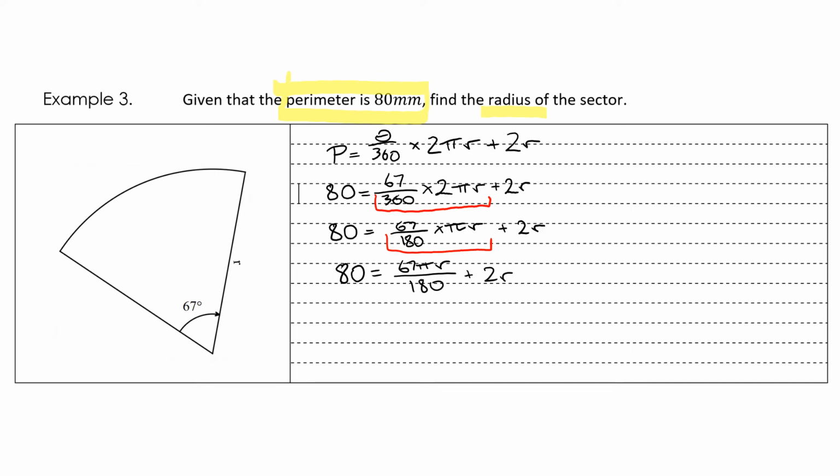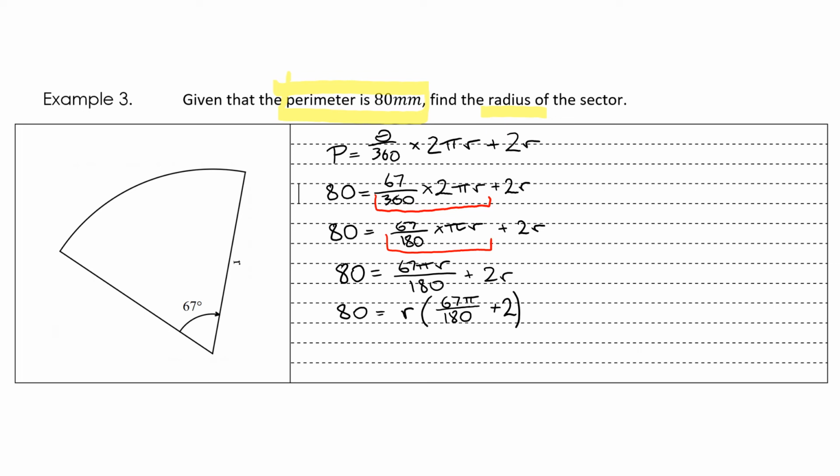Okay, so as we can see here, we still have 2 different r's in 2 different terms. So to get only one r, let's factorize. So 80 equals, we'll pull out a common factor of r. R bracket 67 pi, sorry, over 180 plus 2. Now we've just got one r term.